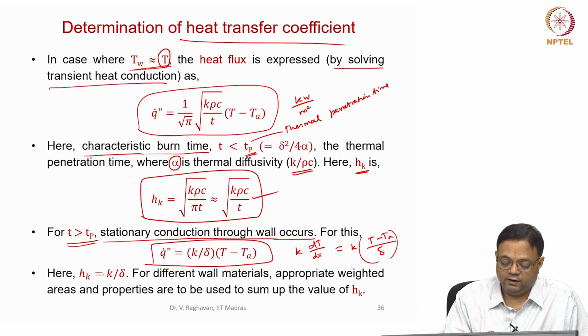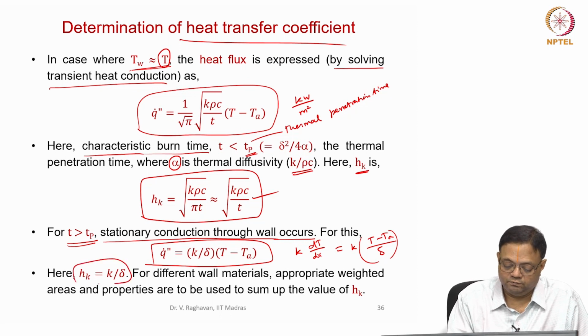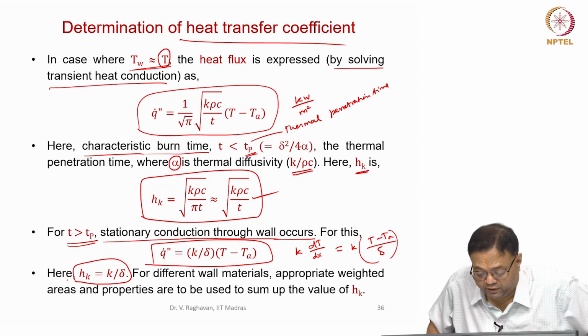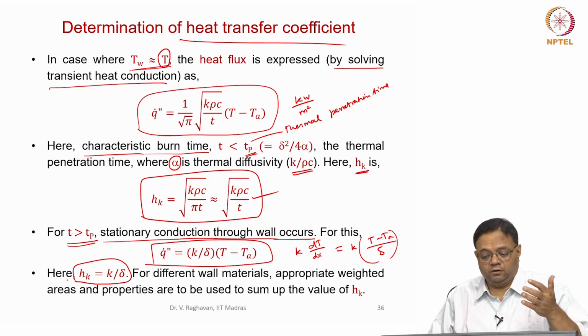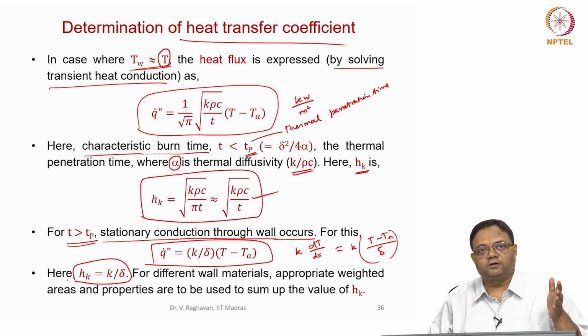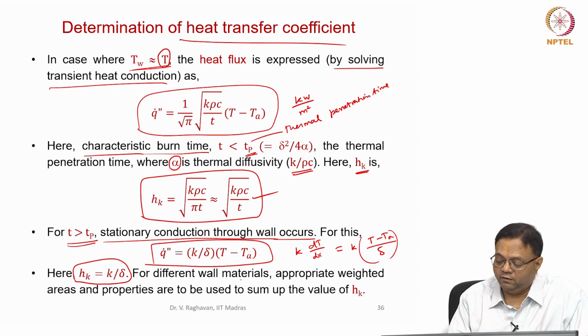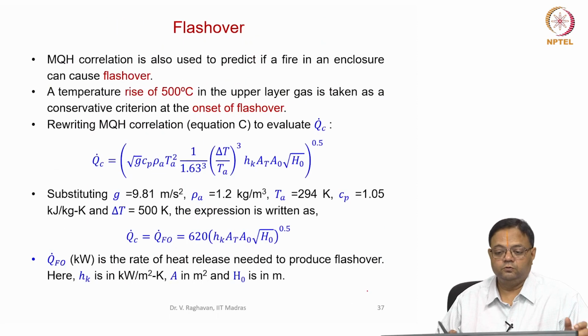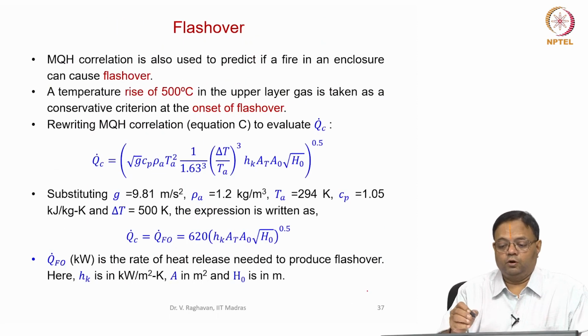So I can say Hk will be equal to K by delta. So for different materials, where the conduction resistance is very low or not very low, etc., we can use some weighted area approaches to get the value of Hk. Then now flashover.